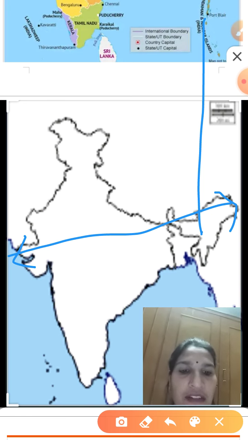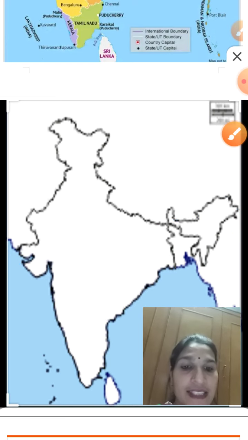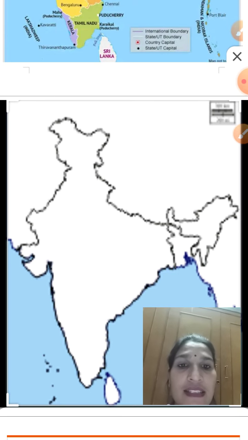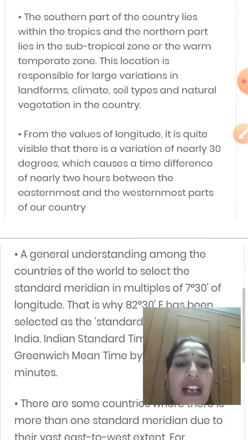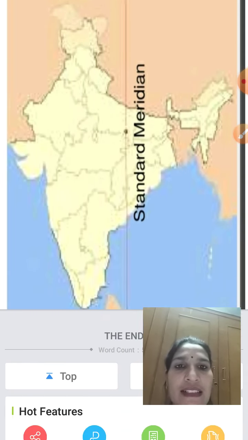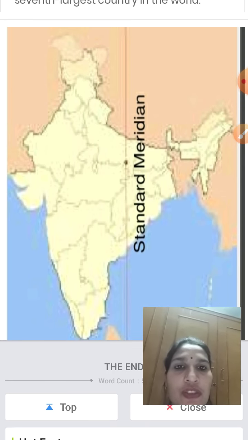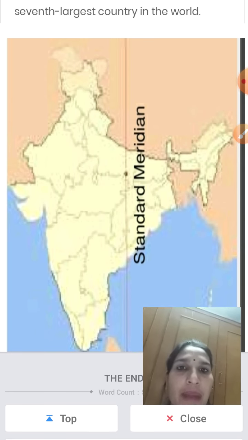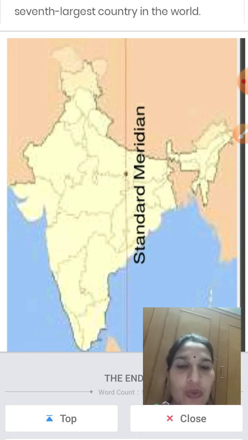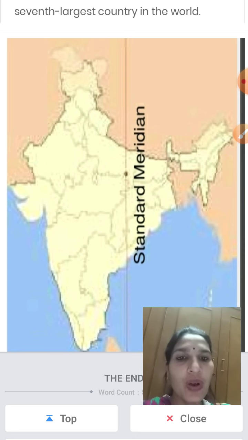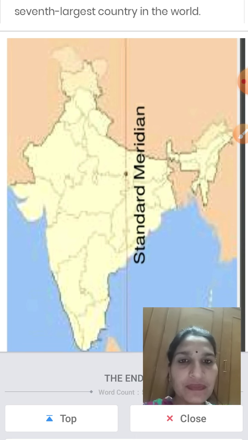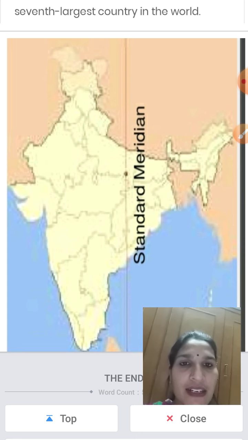You are all familiar with IST, Indian Standard Time, that you read in class 9th. The Indian Standard Meridian passes through Mirzapur of UP, and the place is basically Naini.